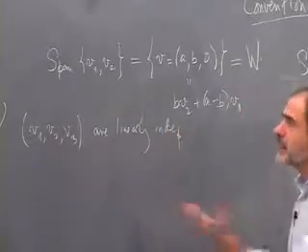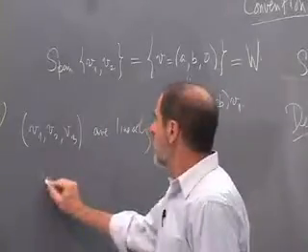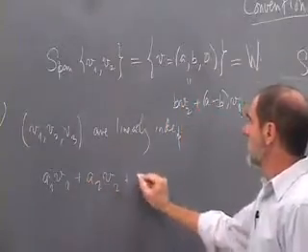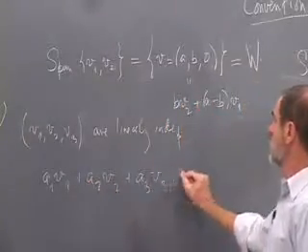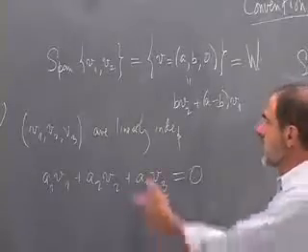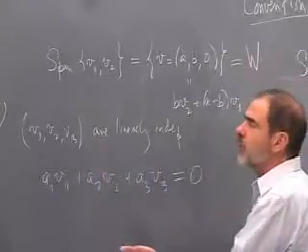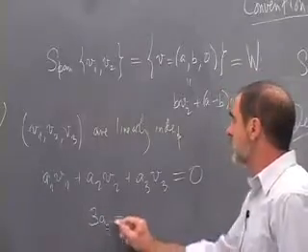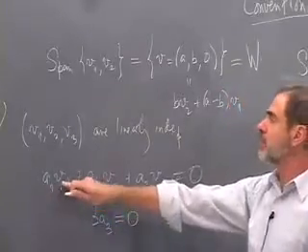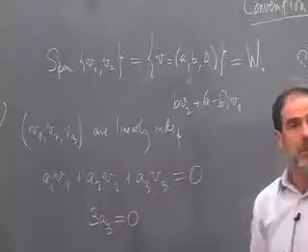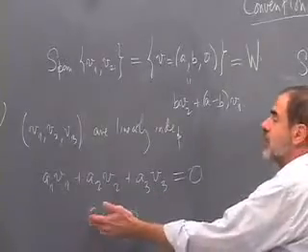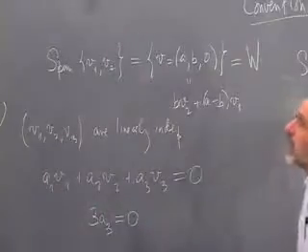Because suppose I had some relation between them: a1 V1 plus a2 V2 plus a3 V3 equals 0. Well, if you write down what this vector looks like, in the third place it has 3a3. So 3a3 has to be equal to 0 because the coordinate of the third place of these two vectors is both 0. So if 3a3 is equal to 0, and we're in a field, so we can divide by 3. Whoops. Oh, this is R^3.